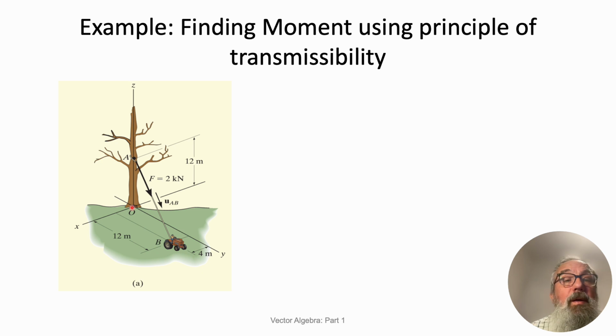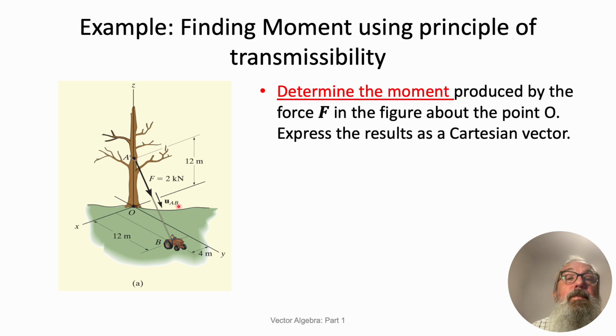Coordinate system's based at O. We know that the force that the tractor is pulling with is 2 kilonewtons, and we've got a line of action AB. Okay. So determine the moment produced by the force F about the point O, about the bottom of the tree.